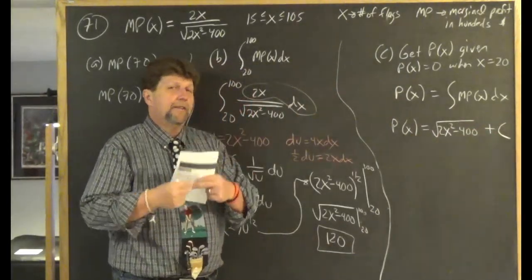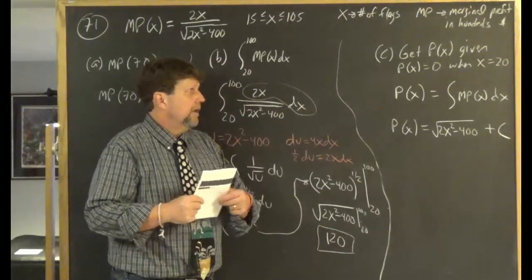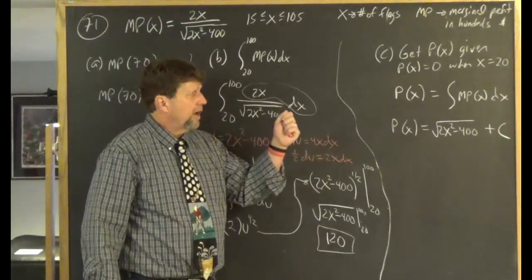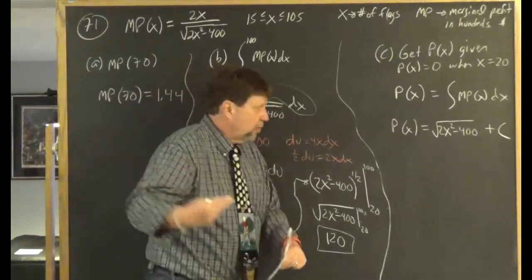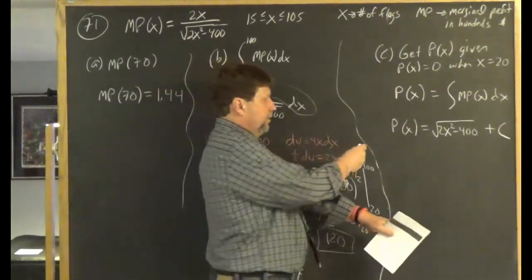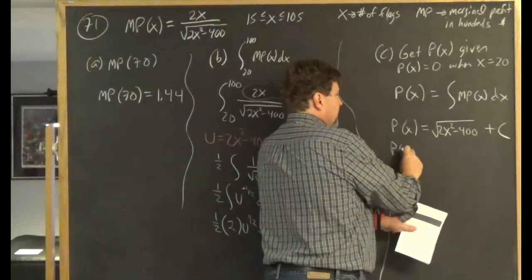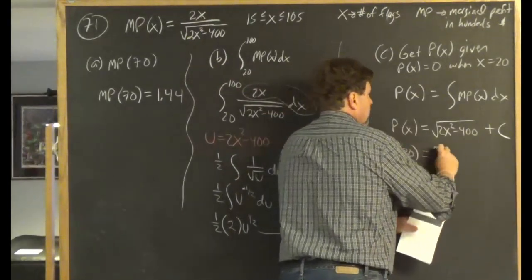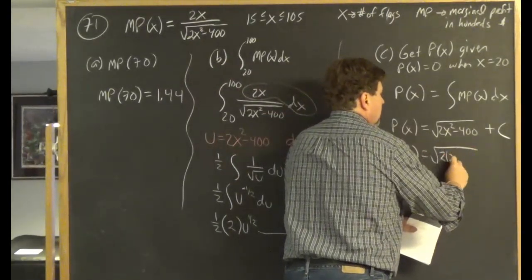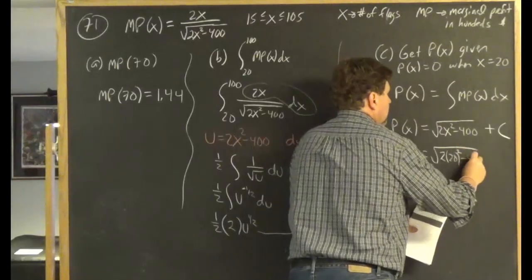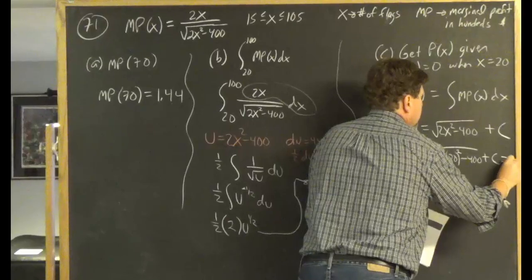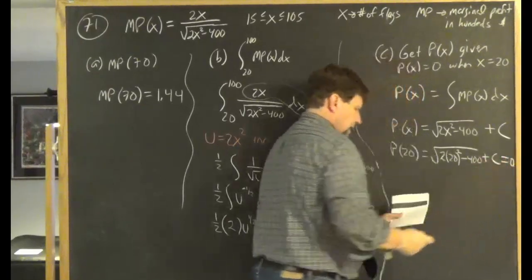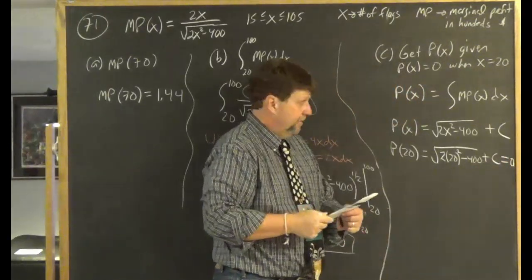Now we need to figure out that constant of integration. Well, we were given profit is 0 when x is 20. That means when we put 20 in for the x, the result has to be 0.